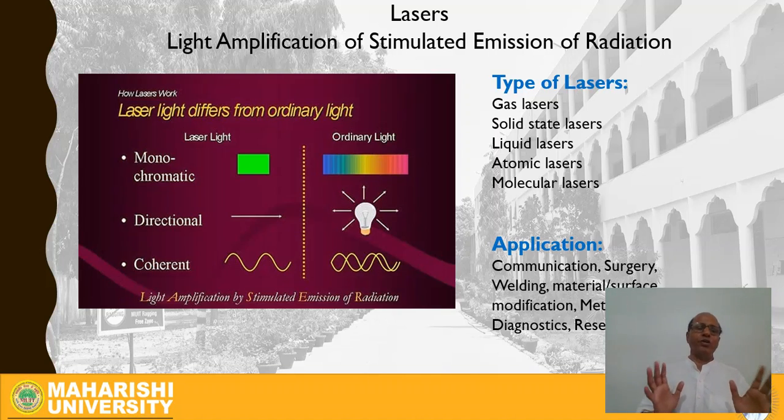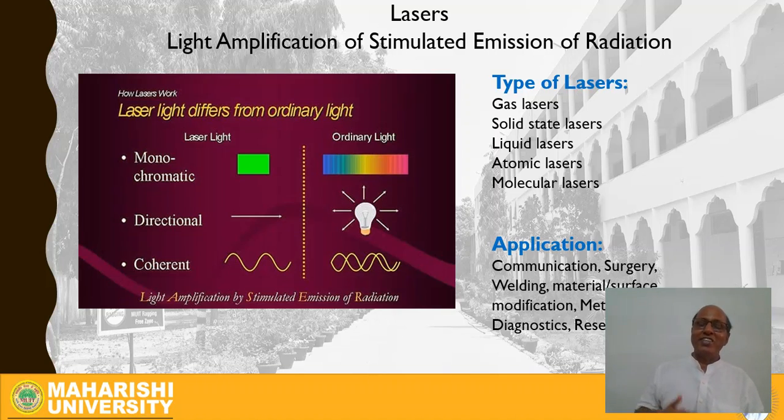So I will not go into the detail of these definitions. We'll go through these details whenever the actual topic comes. Here the idea was to tell you that during this course you will be studying different types of lasers, like gas lasers, solid state lasers, liquid lasers, and when I say atomic laser, then an atomic laser can be a gas laser or a liquid laser.